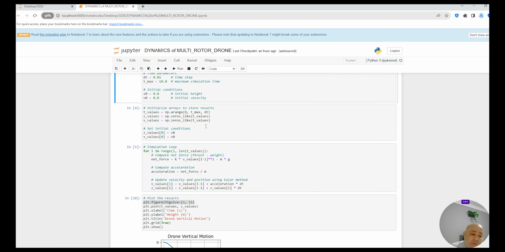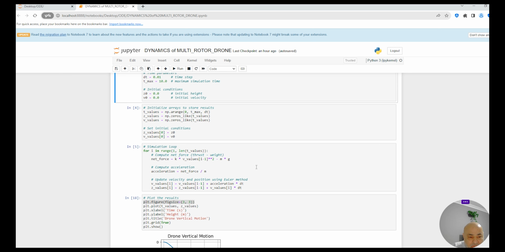Then I went and created a for loop, and I used range between 1 and the length of t_values. So it will iterate over all the values which are in the same length as the t_values which we have created earlier.